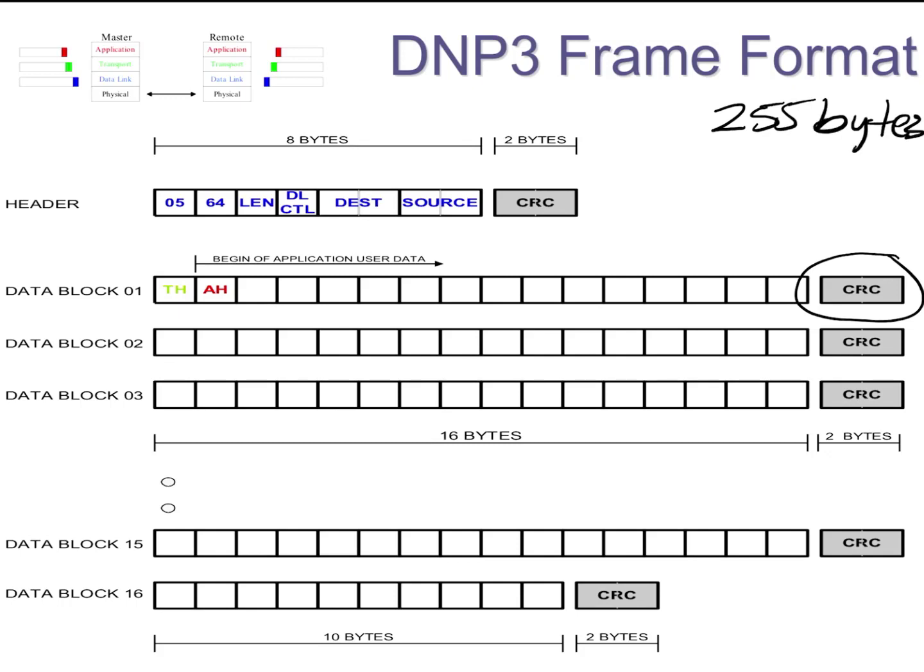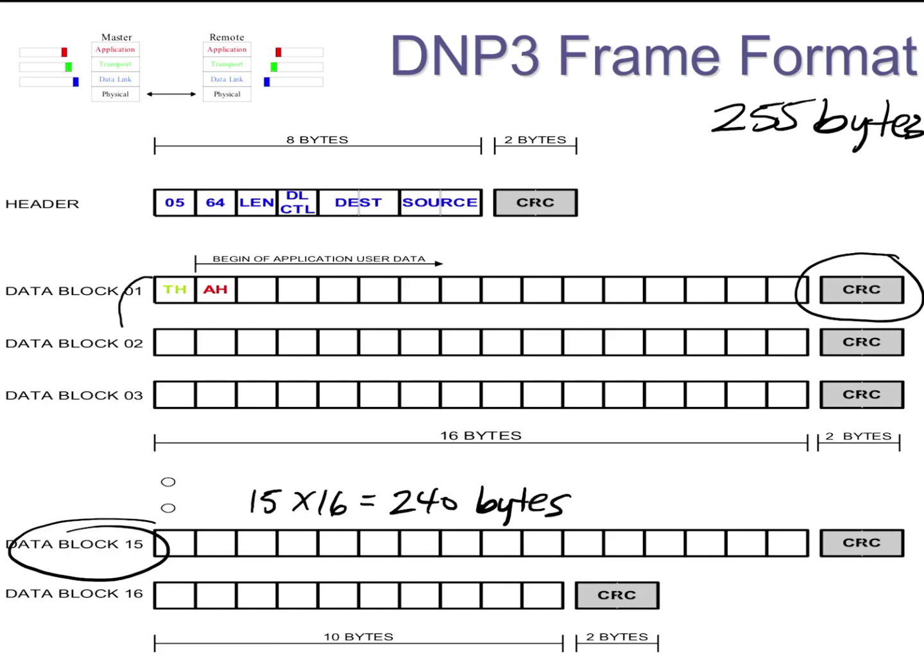Okay, same as Modbus, same as Ethernet. The frame size is 255 maximum. We can actually figure that out when we look at what we're seeing here in terms of all the bytes in this message, because this is indicating a maximum message. Notice how it says there are 15 data blocks, each one of them with 16 bytes of data in it. So if you take 15 blocks and multiply it by 16 bytes, you're going to get 240 bytes.